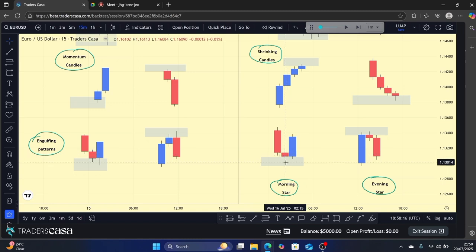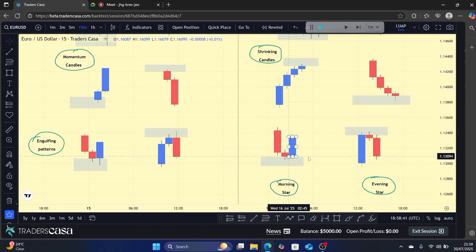The fight between the buyers and the sellers is now neutral, and we cannot decide to take that buy if price does not give us a sign that the buyers have taken control and are the ones dominating. And that's what we need, because this is actually an indecision. The selling momentum and the buying momentum are equal, so we cannot take the entry after the closure of this indecision candle.